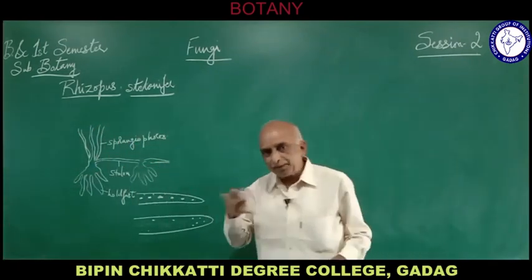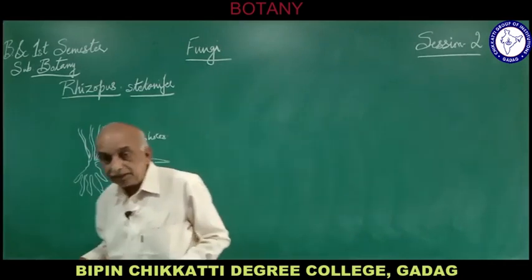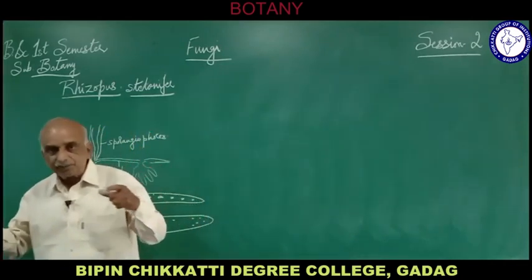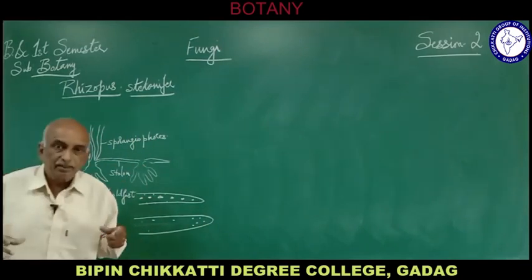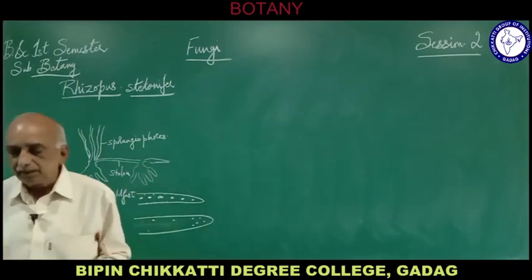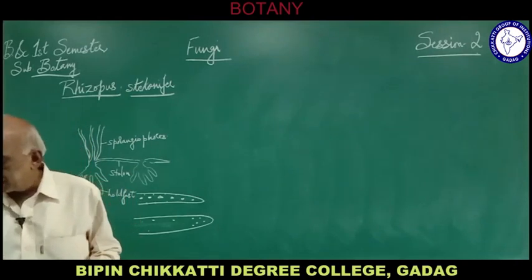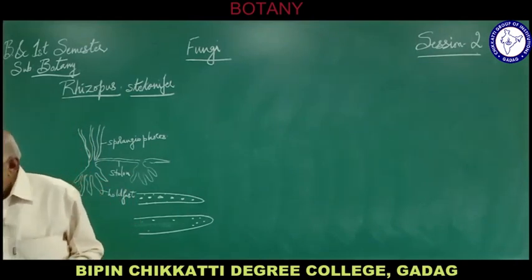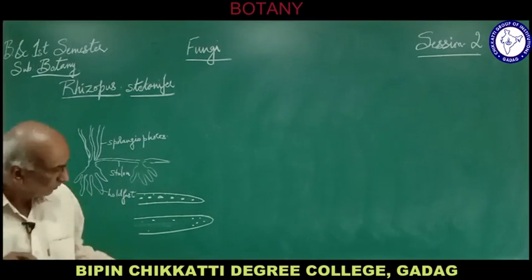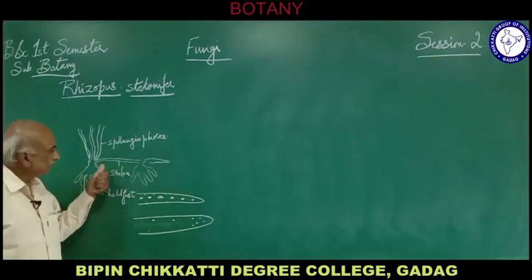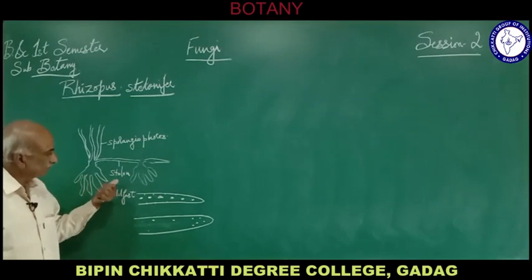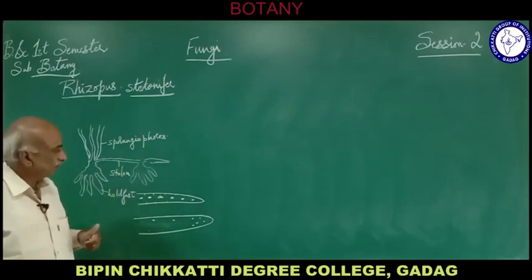As the hypha grows older and older, in the older part of the hypha these vacuoles join, they coalesce, and they form a continuous cavity or vacuole in the hypha. So this is the structure of the thallus. The thallus of Rhizopus has three parts: stolons, holdfast, and sporangiophores.